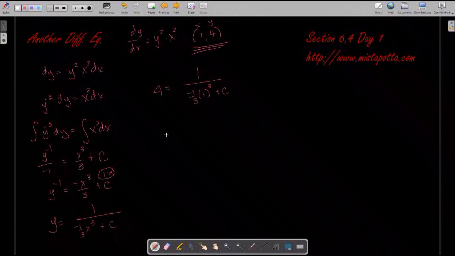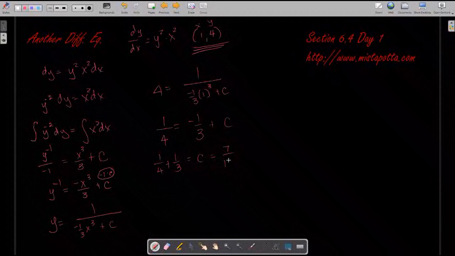So I've got 1/4 here, and if I take the reciprocal, and of course taking the reciprocal here just gives me my denominator, -1/3 plus a constant, and I can add 1/3 to this side, so I end up with 1/4 plus 1/3 is my constant, which in this case would be 7/12.